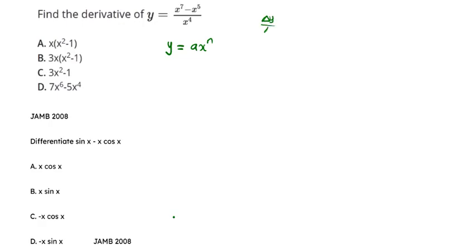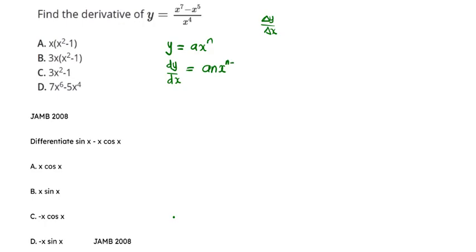But in this case, the symbol we use for differentiation is dy/dx. So differentiation of an algebraic function is this: the power is going to multiply the coefficient, so you have an, then you reduce the power by 1, so n minus 1.